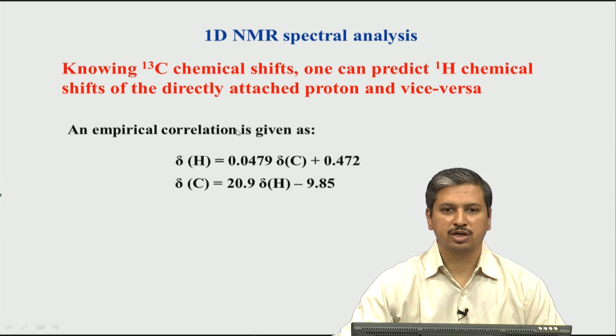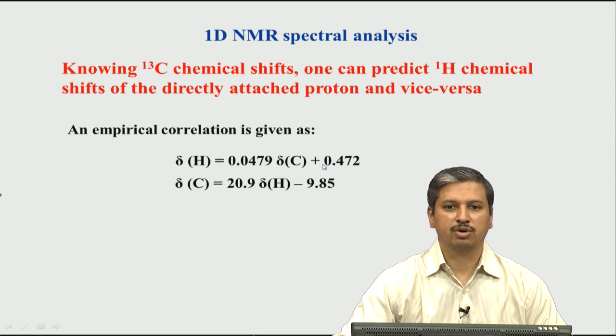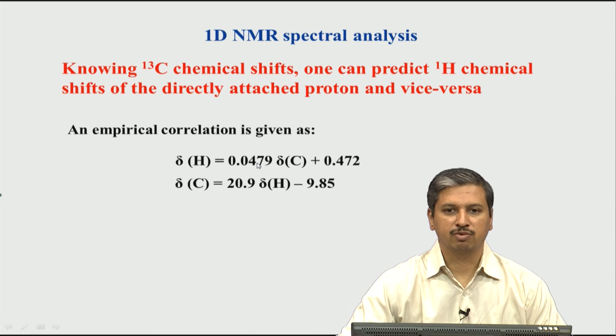This is a very interesting empirical correlation which was discovered, that whenever a proton chemical shift increases, the carbon chemical shift also increases, and this will be of some relevance when we come to 2D NMR, especially when we look at heteronuclear NMR spectroscopy.